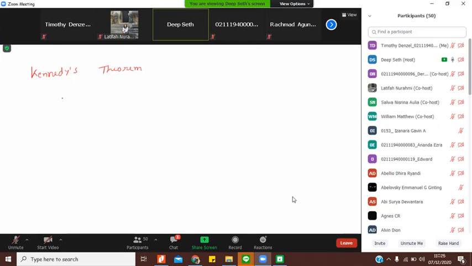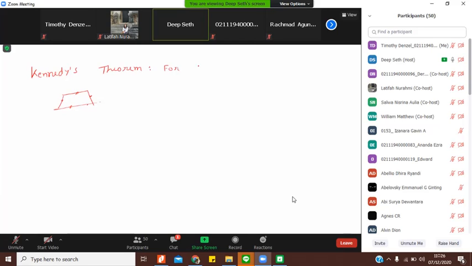So let's say you have 4-bar links. Motion of this link with respect to this, motion of this link with respect to this. So for all the relative motion in the mechanism, the 3 instantaneous centers for any 3 links should lie in the same straight line.